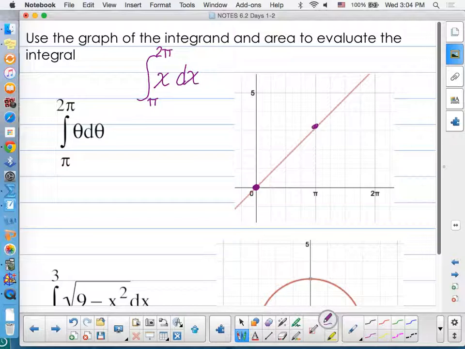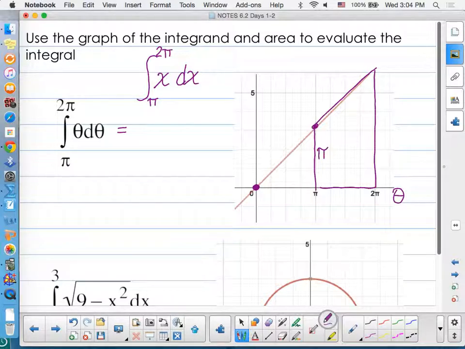So between pi and 2 pi, we can use the area under here to evaluate it because for positive only functions, and this part is positive, the area between that curve and the x-axis is the value of the integral that we want. So we've got a trapezoid in there. You can also break that up into separate areas if you'd like. But that trapezoid has a height of pi because the function says that the theta value is the output value. So here's your theta axis.